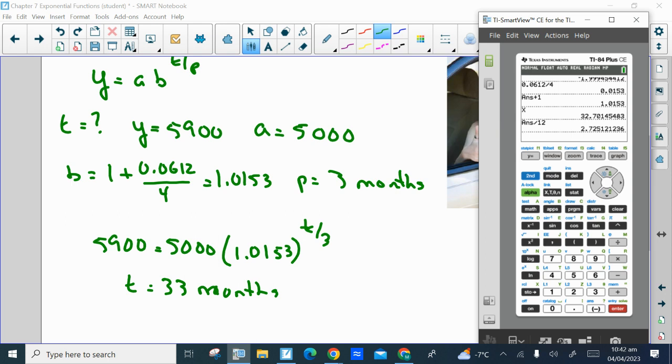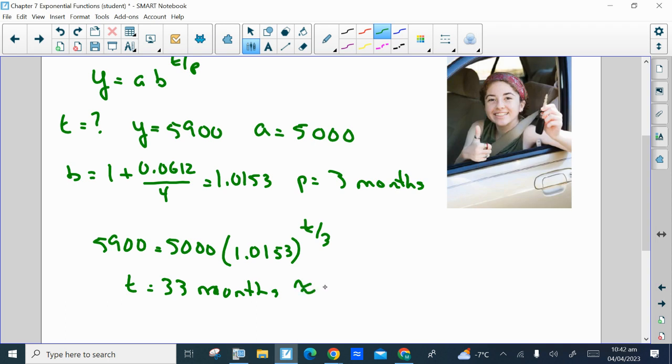So quarterly means it has to be to the nearest 0.05, which in this case would be 0.75. So it's not approximate, it's 2.75 years. Okay?